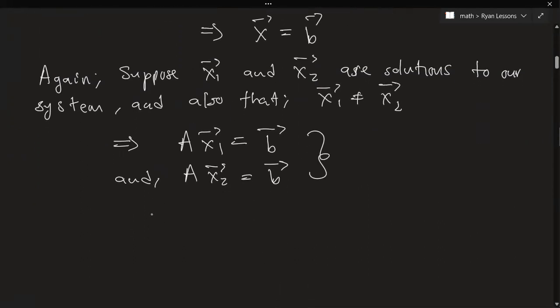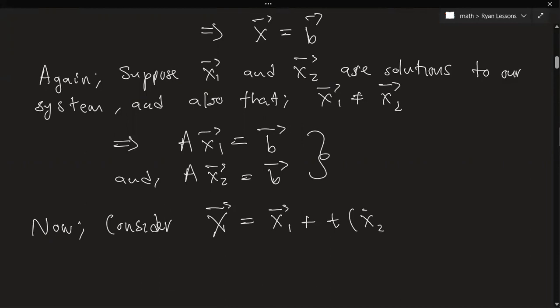Now we're going to build a solution using these two that we know are solutions. So let's consider this solution. I'll call it big vector X, which is defined as follows: it is X1 plus T times the bracket X2 minus X1.